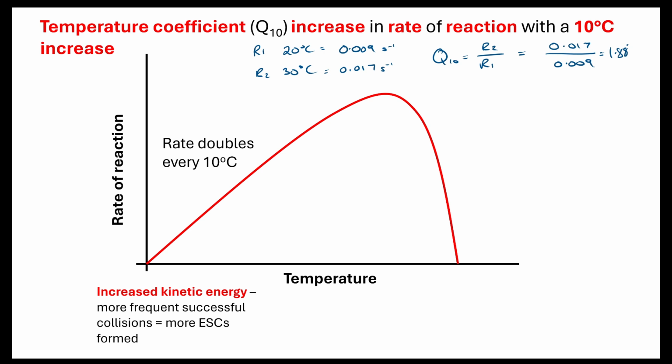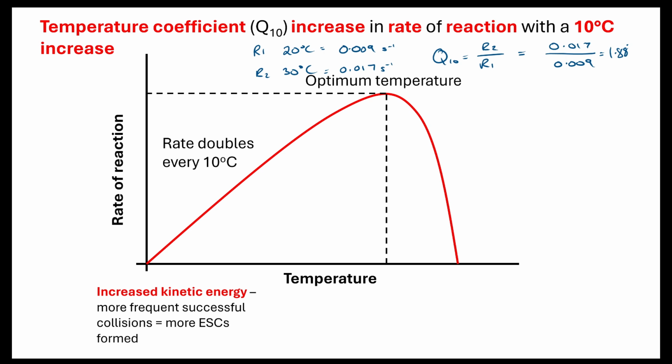So as the temperature increases, my rate is increasing up to a point which is known as the optimum temperature. When we look at humans, for example, our optimum temperature is our body temperature, so about 37 degrees C. But if we were looking at thermophilic bacteria, for example, they have a much higher optimum temperature.